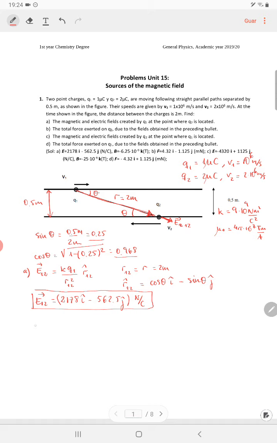Then to calculate the magnetic field, we need to use this expression, which you can find in the books or in the previous video or in the slides.